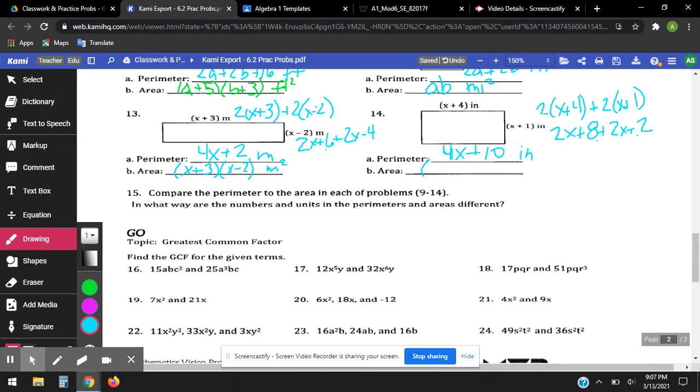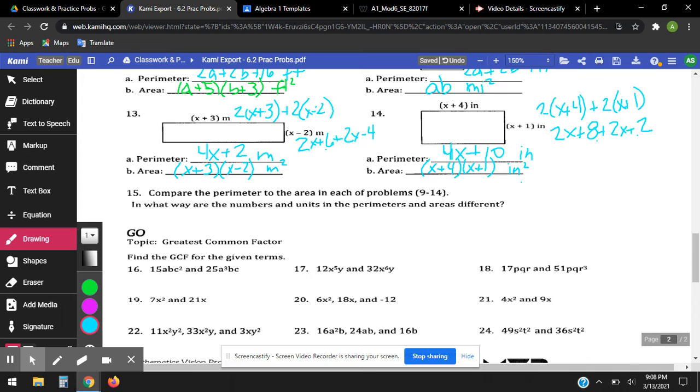And then my area is x plus 4 times x plus 1 inches squared. All right, notice how in all my areas I would have some sort of x squared or variable squared in there, and my label has a square.